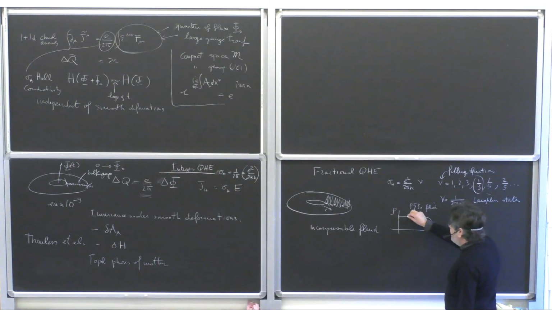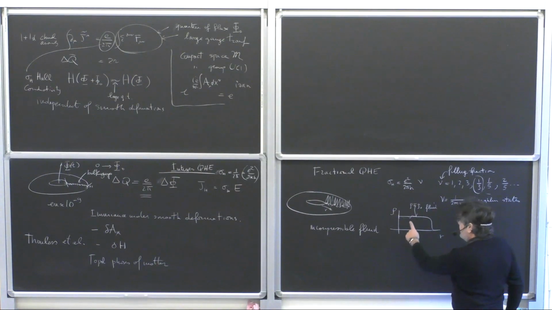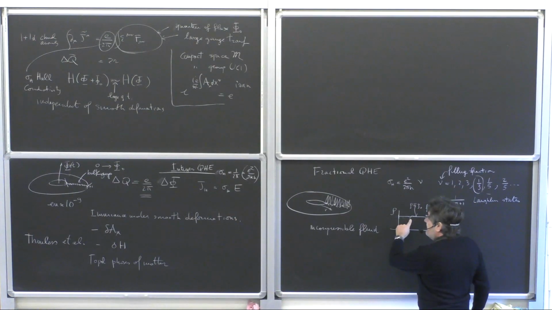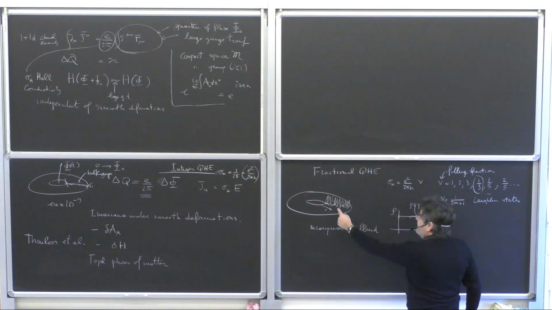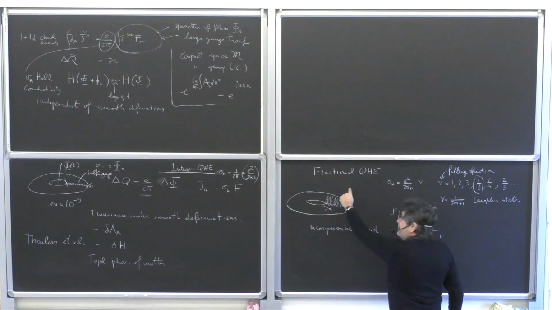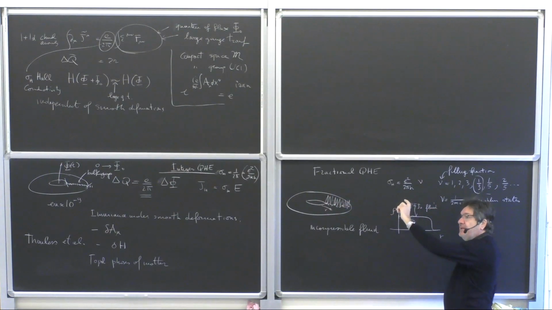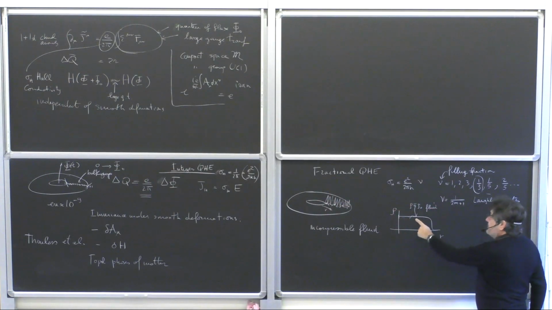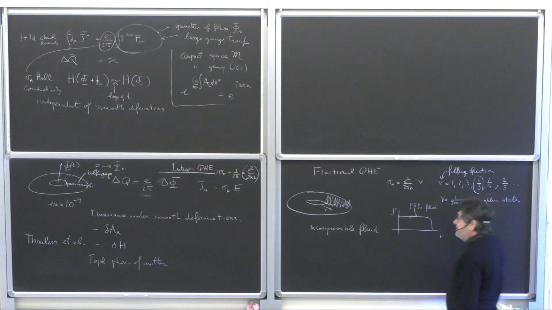But there are no density fluctuations. You cannot make a density fluctuation here because this would require an electron to jump to the next Landau level, which is very big and is forbidden. So it's a fluid without density fluctuations. So it's an incompressible fluid.